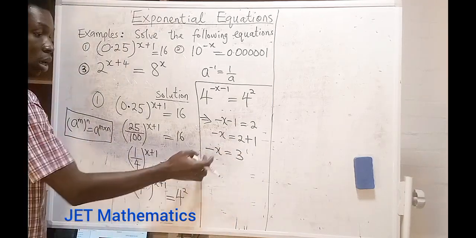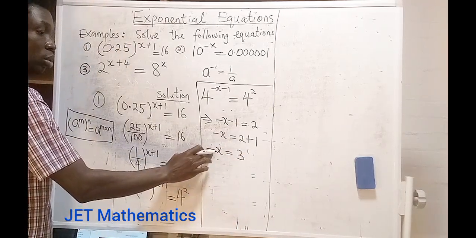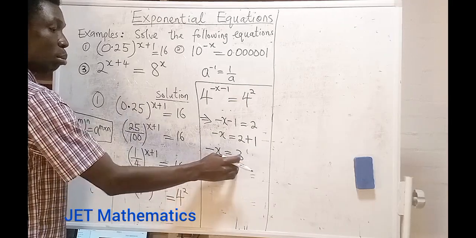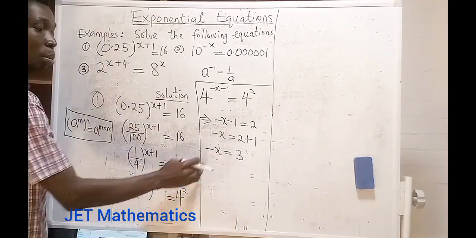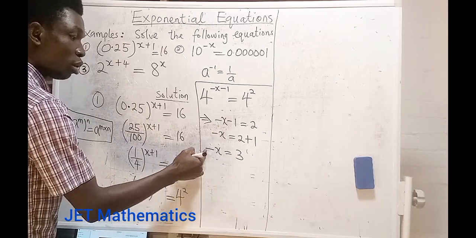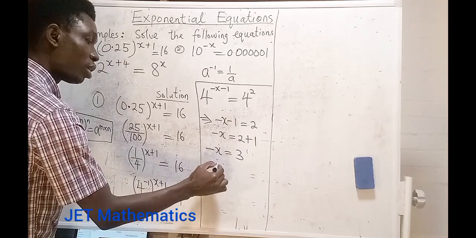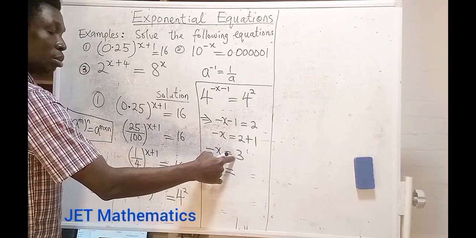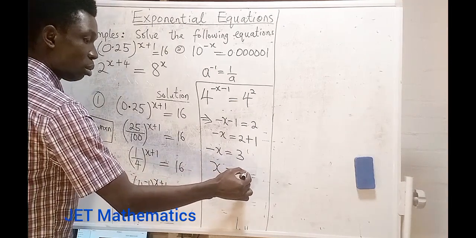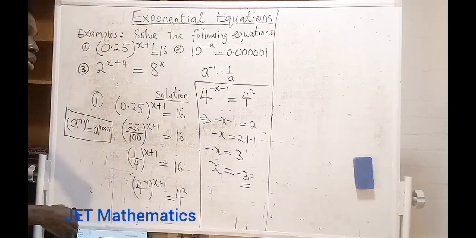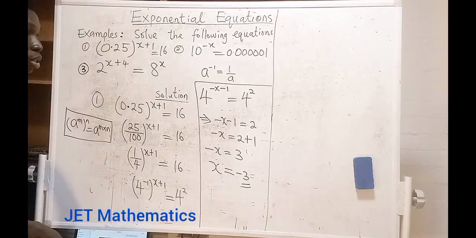Alright, now we can eliminate this minus by multiplying both sides by minus 1. So we have minus 1 times minus x gives us x is equal to minus 1 times 3, which is minus 3. So that's the solution to this particular question.